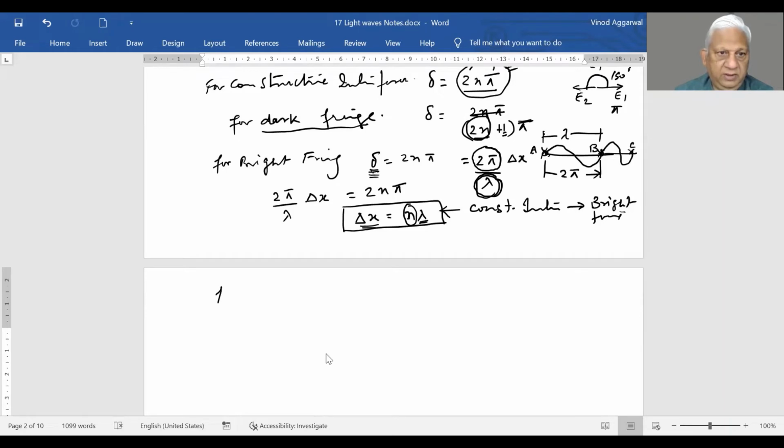And what will be the condition for a dark fringe? For a dark fringe, delta is equal to this, in terms of pi, and in terms of path difference, same equation as before, delta x is equal to this.